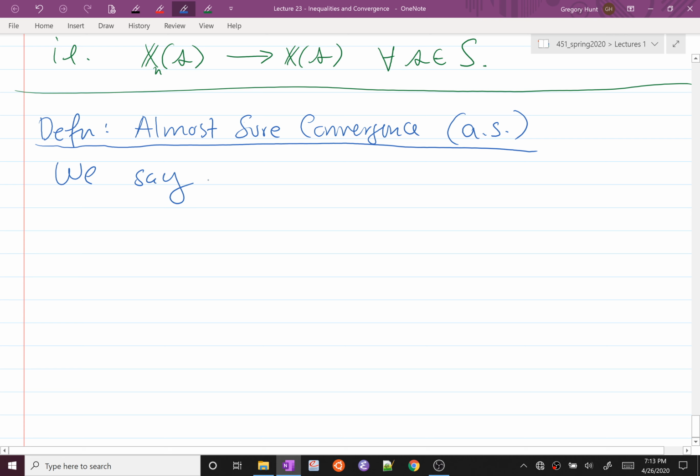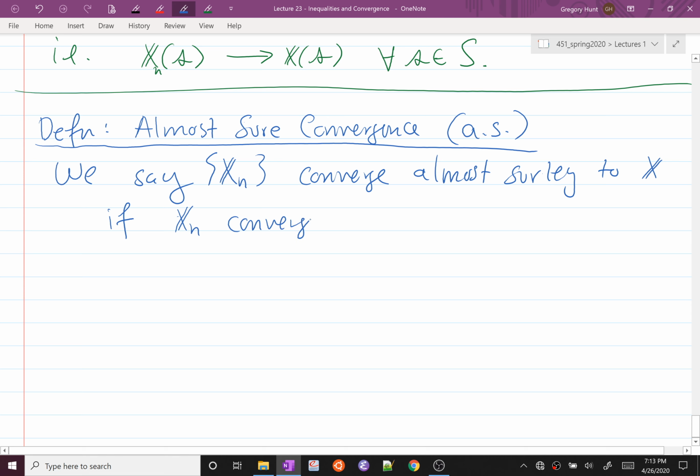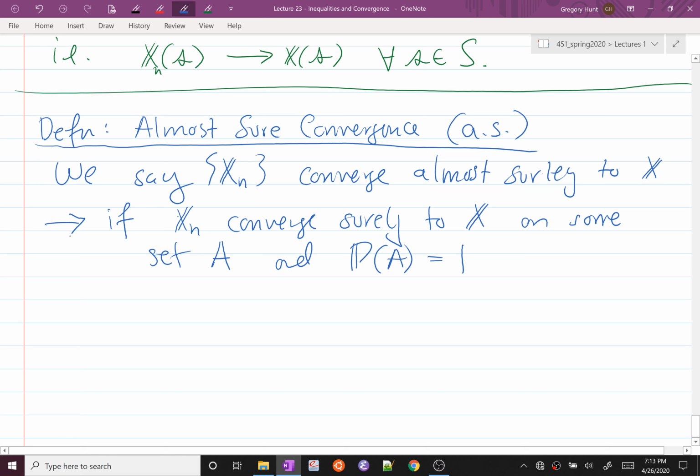We say that these X_n converge almost surely to some other random variable X if, and there are a couple of ways of thinking about that, if the X_n converge surely to X on some set A, and the probability of A is 1. Let's take this as way 1 to define it.